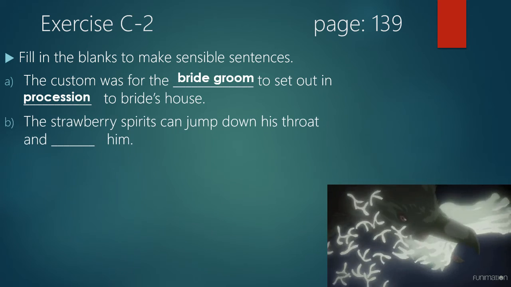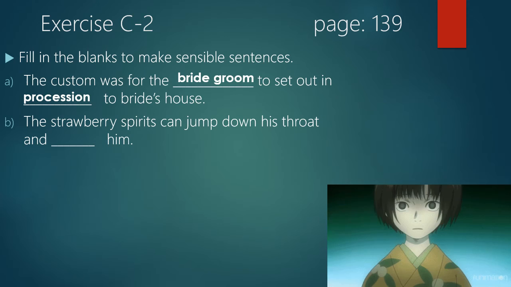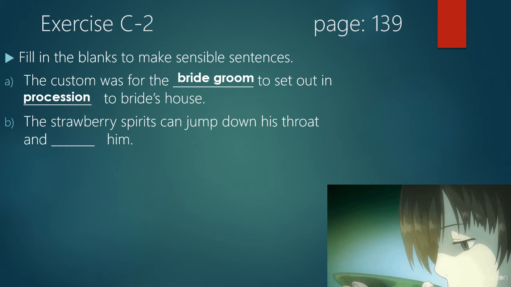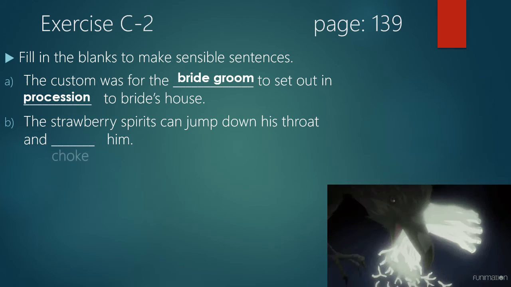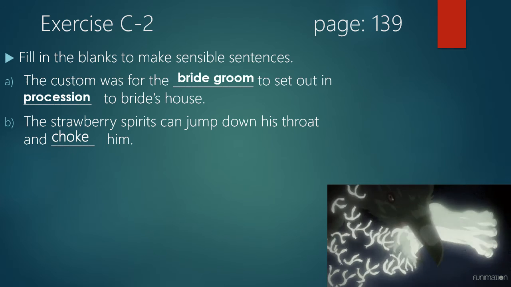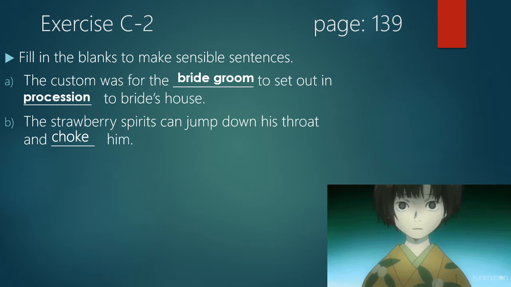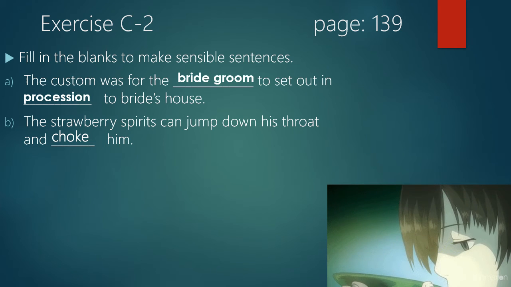Second one is, the strawberry spirits can jump down his throat and dash him. In this blank comes choke. Very right. The strawberry spirits can jump down his throat and choke him.